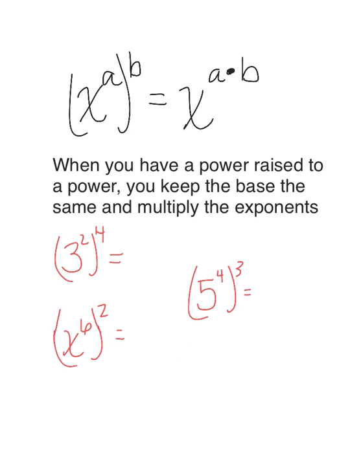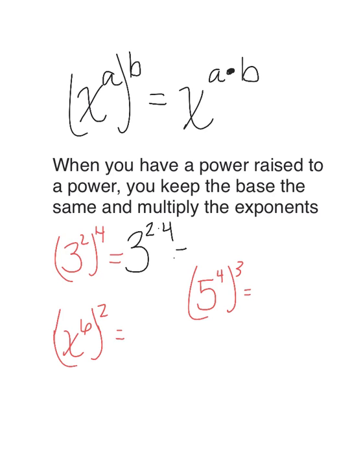The next law you're going to be working with tomorrow is x to the a, all raised to the b. What that is basically saying is when you have a power raised to a power, you keep the base the same and you multiply the exponents. If you think about it, it makes sense to multiply them because they're both right outside and next to the parentheses. So if I have 3 squared raised to the 4th power, that's like saying I have 3 to the 2 times 4, which gives me 8.